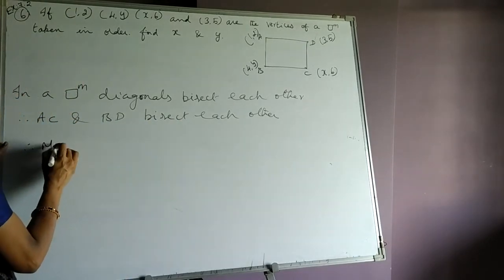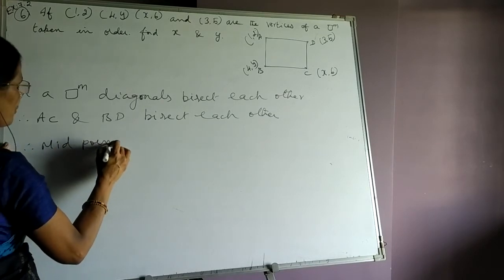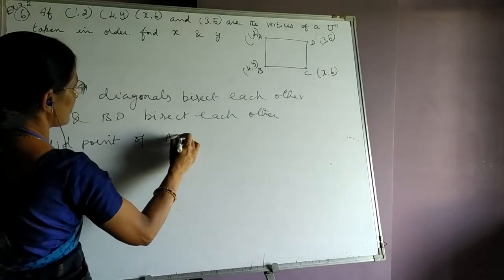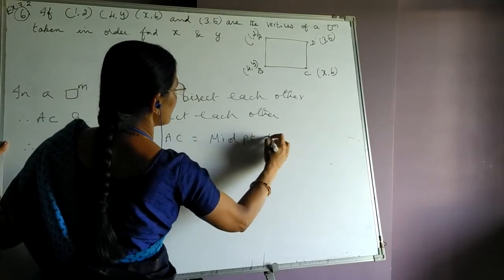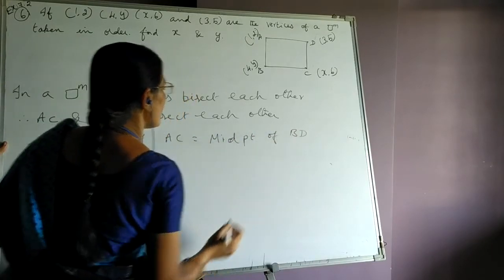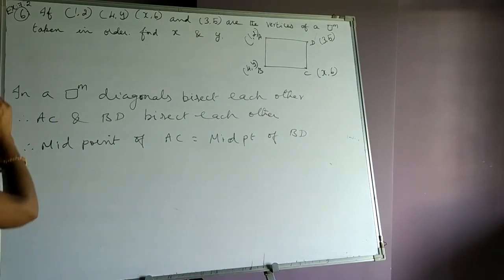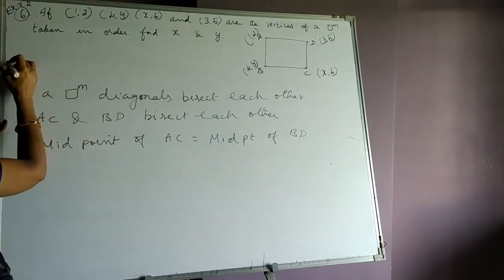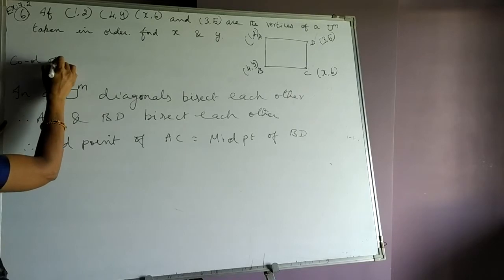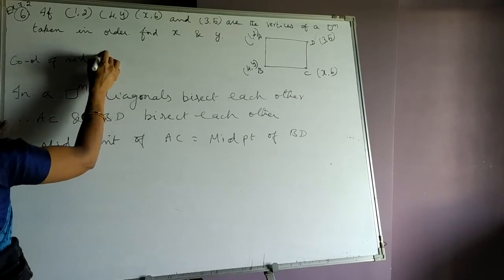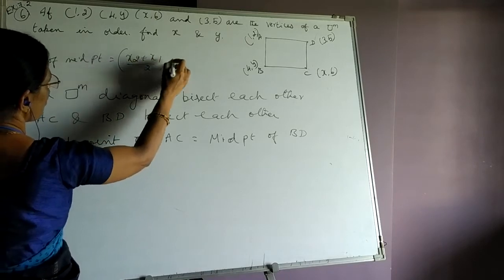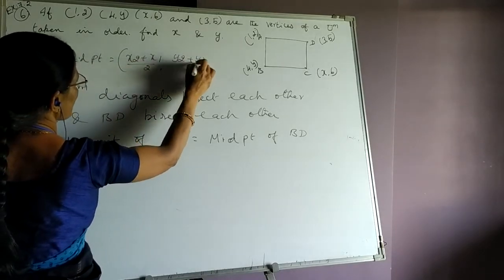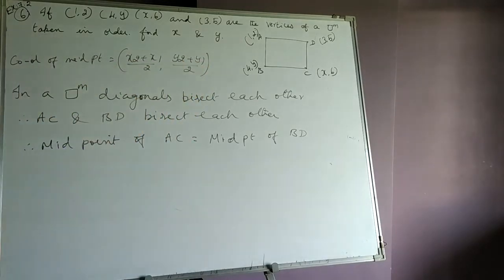Therefore, here I am going to write midpoint of AC is equal to midpoint of BD. What is the formula to calculate the midpoint? We know coordinates of midpoint is equal to x2 plus x1 upon 2, y2 plus y1 upon 2.